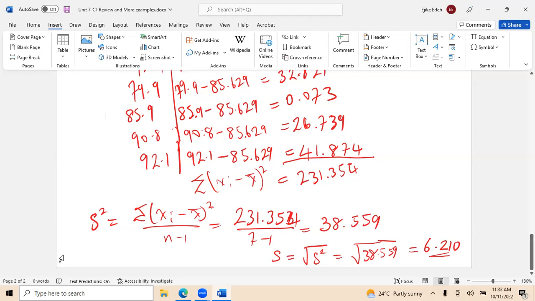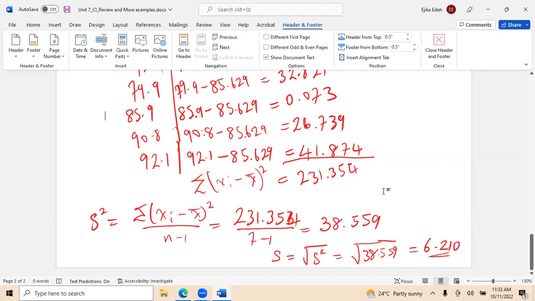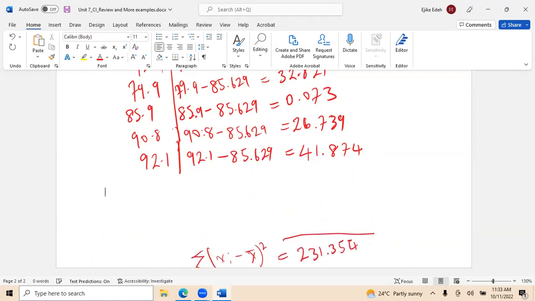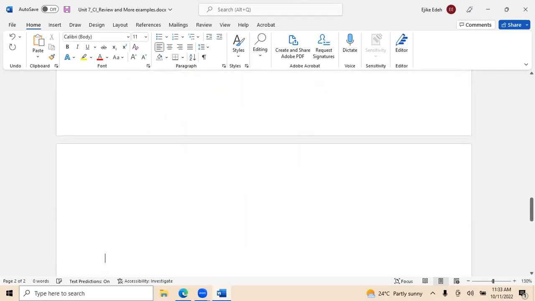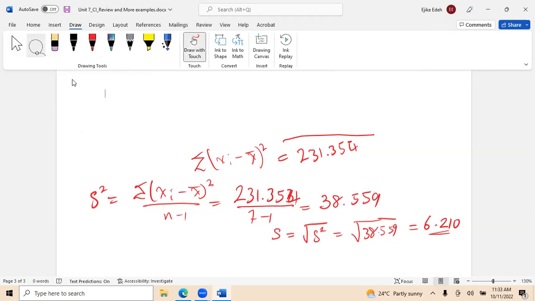Our goal is to calculate the confidence interval. I'll have to figure out a way to get to the next page. How do you do that with the screen moving like this? Okay, no problem. Let me move it down, then move this back up. I use the draw, select everything.